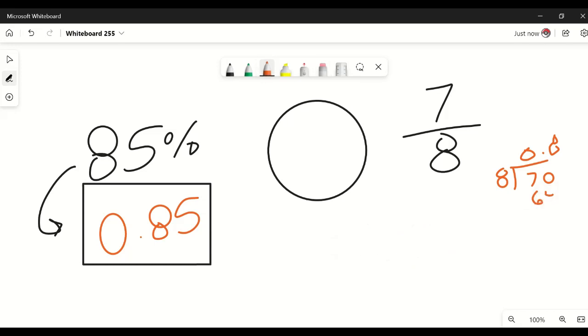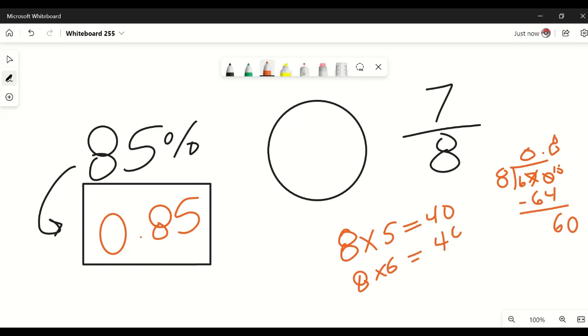That is going to be 64. When I subtract, that will give me 6 left over. 8 cannot go into 6, bring down a 0. And then again, mental math, I know that 8 times 5 is 40, which means 8 times 6 is 48. 8 times 7 will be 8 more, so that'll be 56, and that's where I'm going to stop.